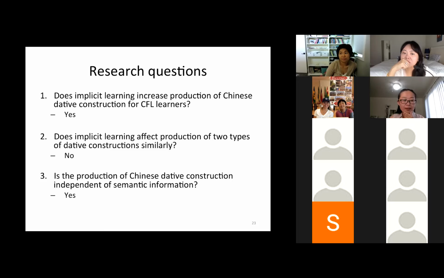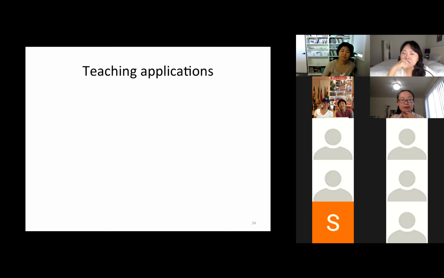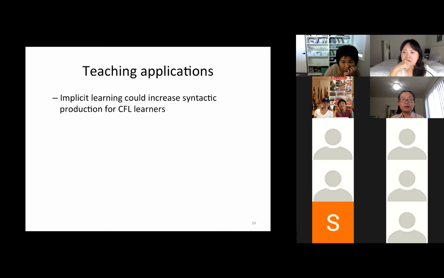Based on this study, there might be some teaching applications. The first is that implicit learning could increase syntactic production for CFL learners, even if they don't explicitly know what they are doing.